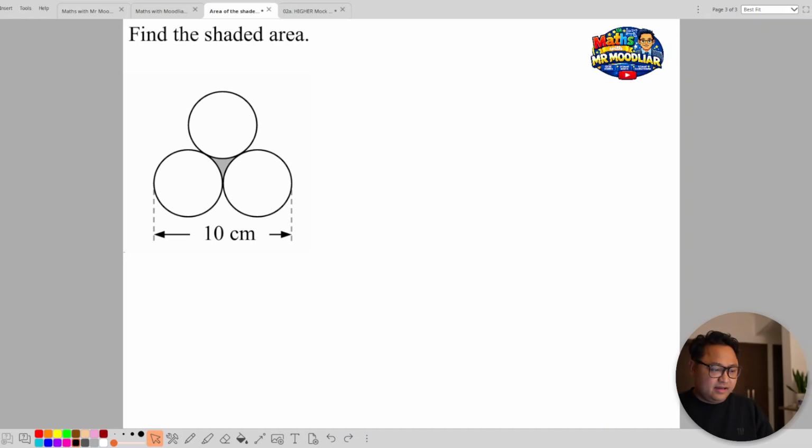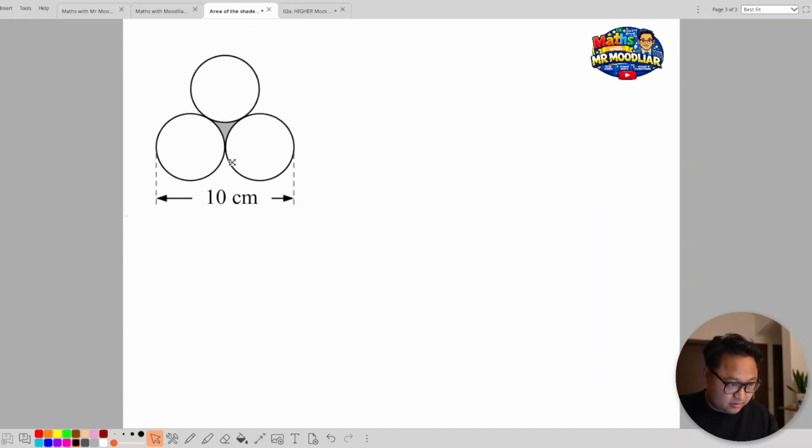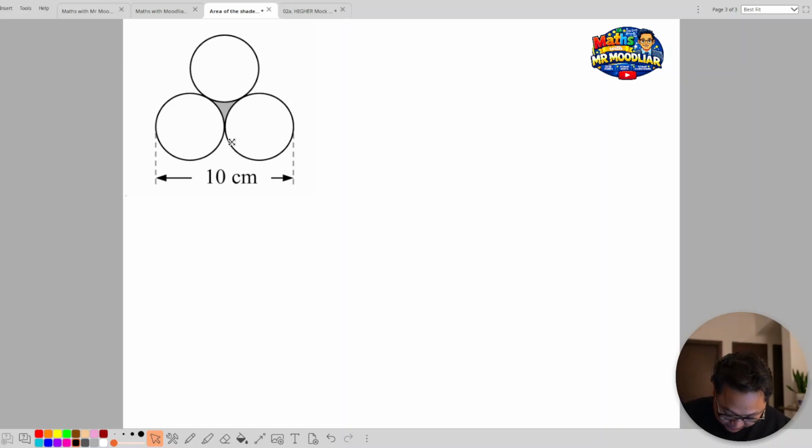All right, so what do we have here? Let's visualize the problem first. We have three circles. They've given you the total length of the two circles. If I draw the diameter of one circle and then extend this, we have two diameters, 2D, because one diameter and one diameter give me two diameters, which is equal to 10.